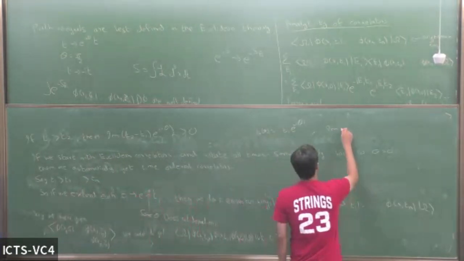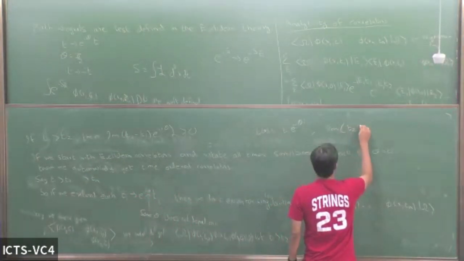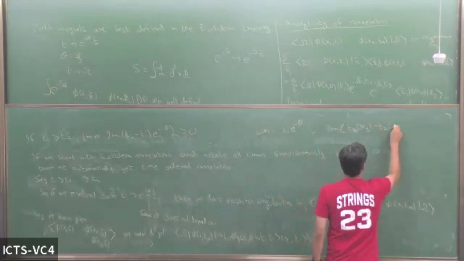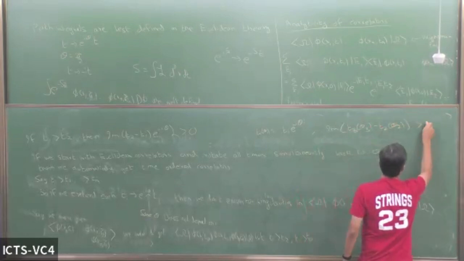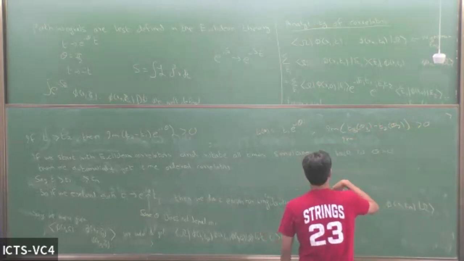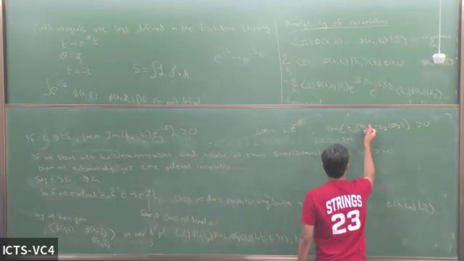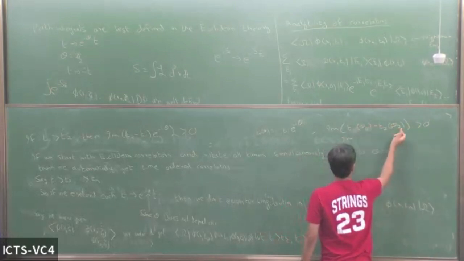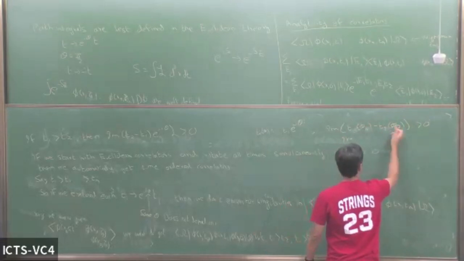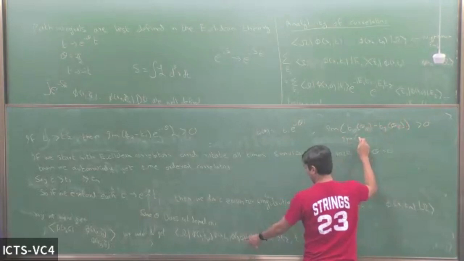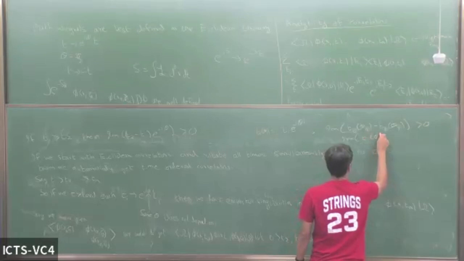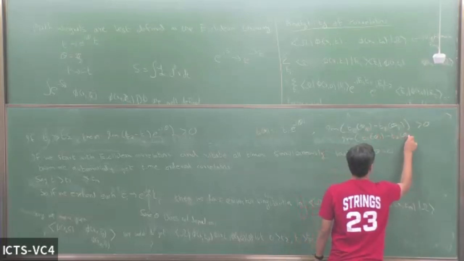But take the limit by ensuring that the imaginary part of t0 theta 0 minus t1 theta 1 is larger than 0, and the imaginary part of t1 theta 1 minus t2 theta 2 is larger than 0.